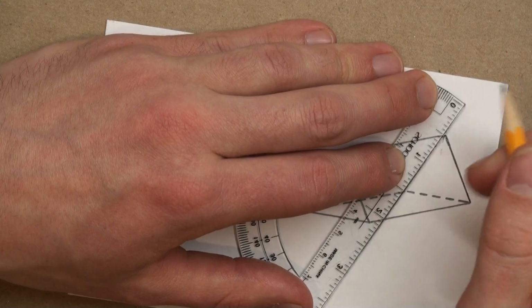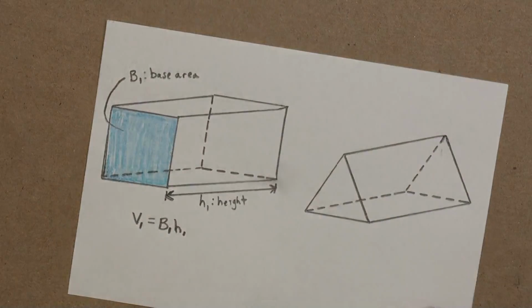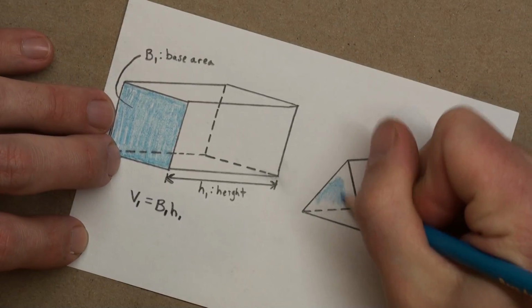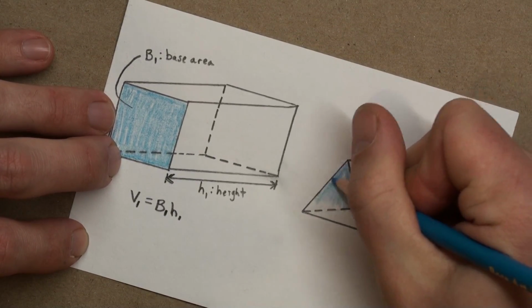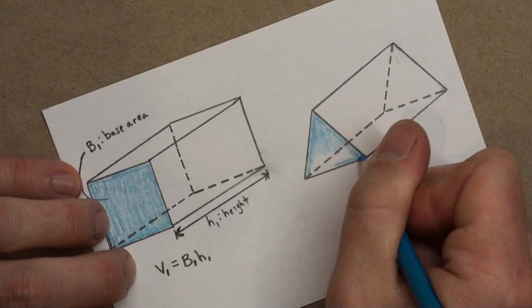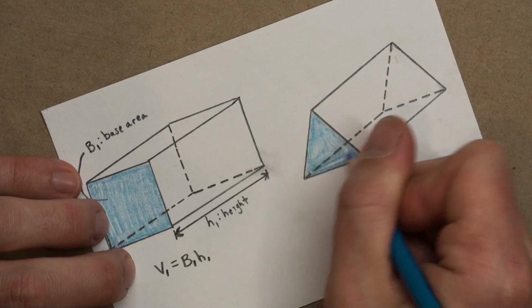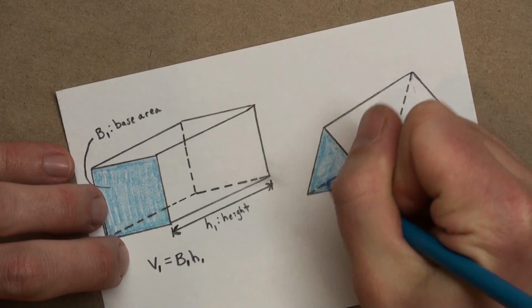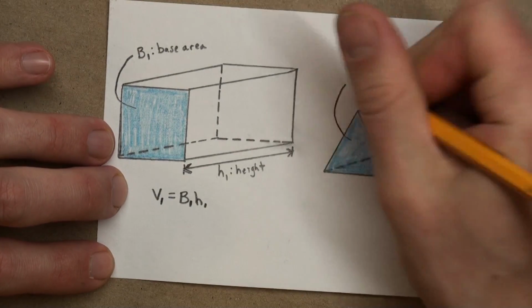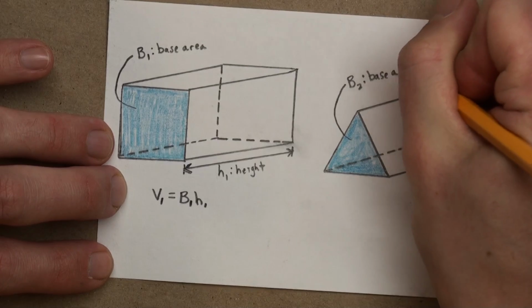We have to go to this corner here. Okay, let's call that surface area B2, and it's the base area of this shape.